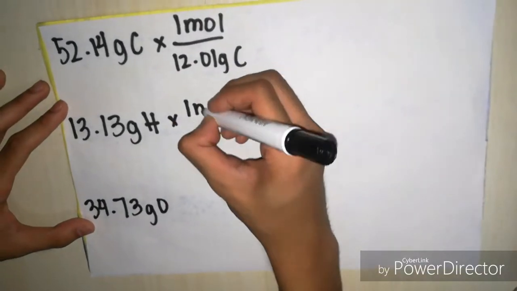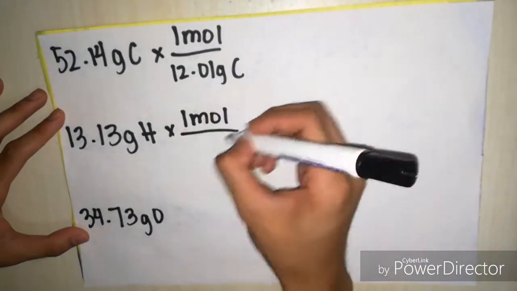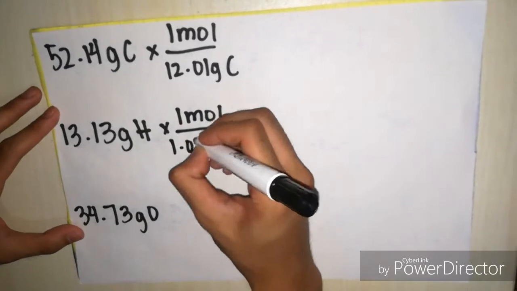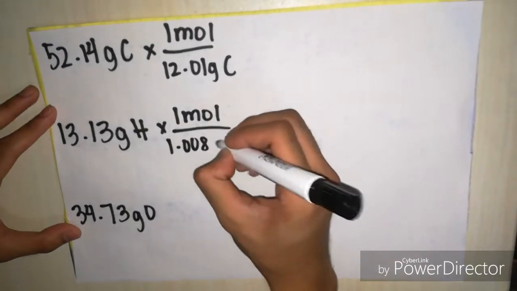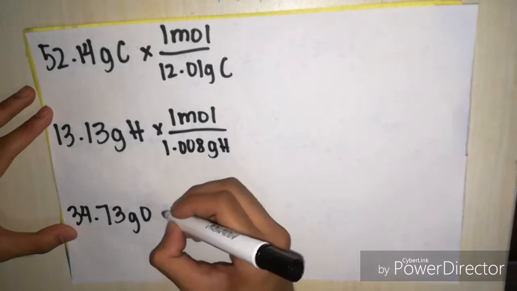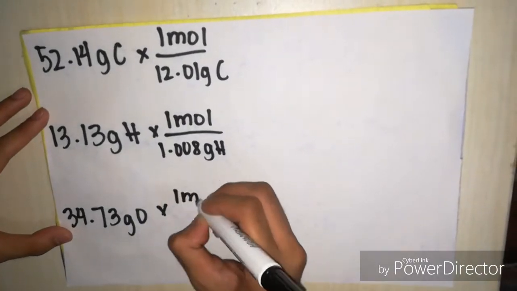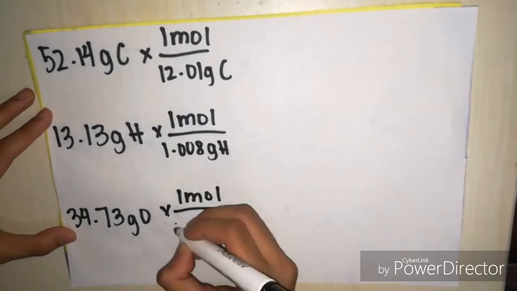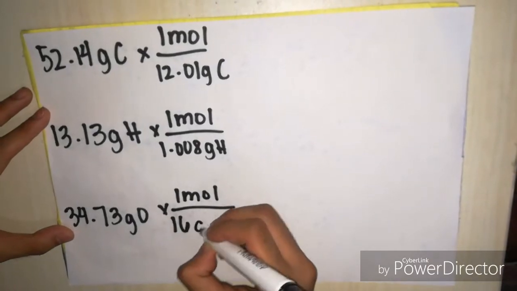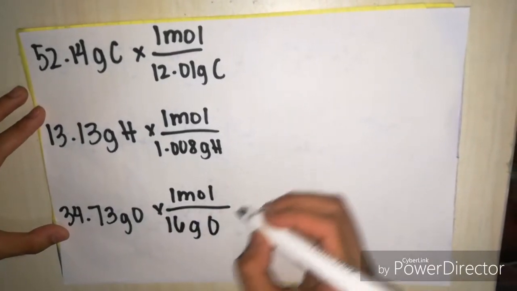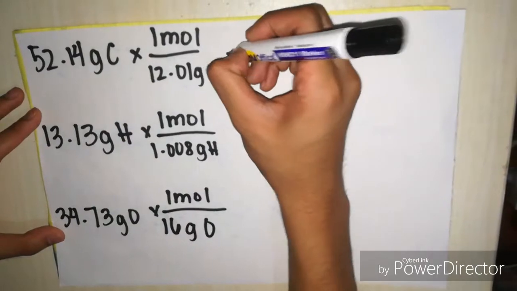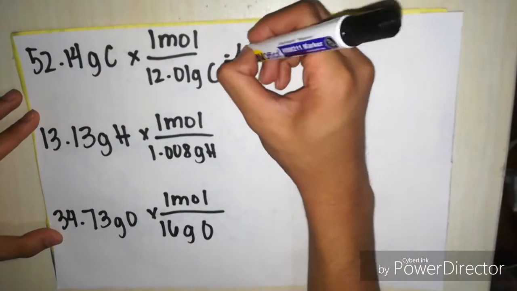For hydrogen, multiply it by 1 and divide it by 1.008 grams of hydrogen. For oxygen, you will have to divide it by 16.16 grams of oxygen. Get the quotient of each equation.